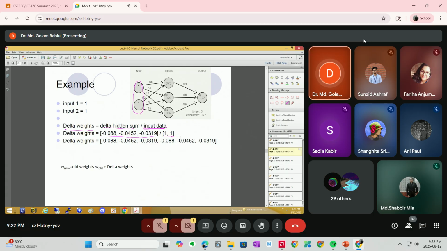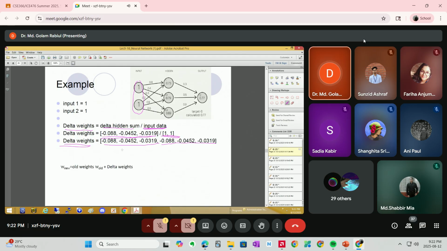Then the delta weights will be 0.88 divided by 1, so we get these values. Again, this one divided by 1, and we will get these values. So this is 0.088, 0.0452, and so on.